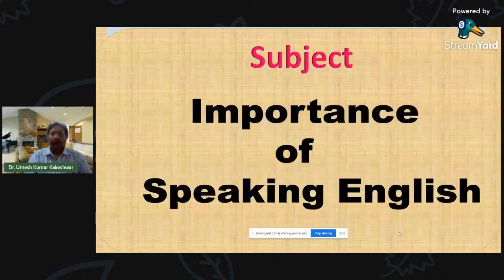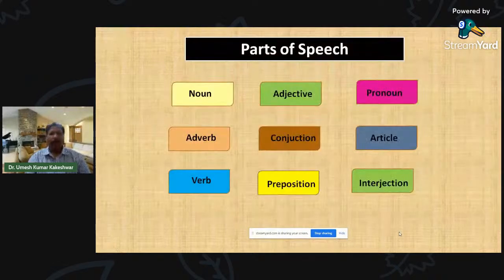As I have already explained the topic and subject of this PPT, it has been divided into various parts, but the first part we are going to start with is parts of speech.